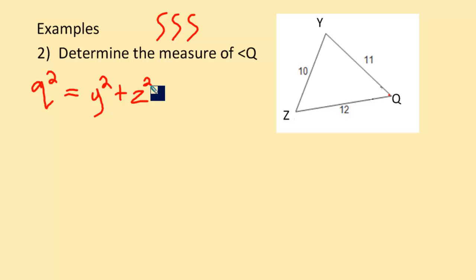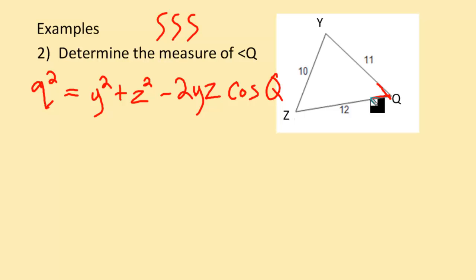And then I'm going to deal with the adjustment term. It's minus 2, and then I use these sides over again, Y and Z, times the cosine of whatever angle is the same letter as the side I started with. I started with Q, I'm going to end with angle Q, which is good because angle Q is what I want to figure out to answer the question.